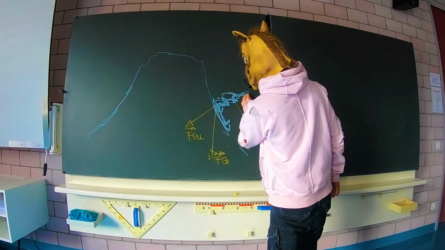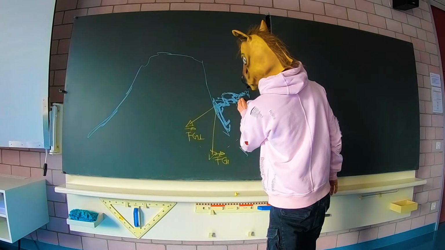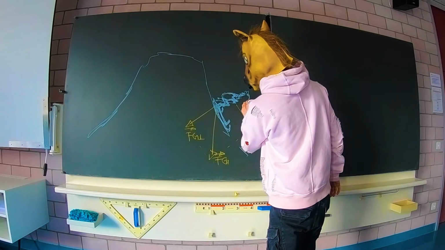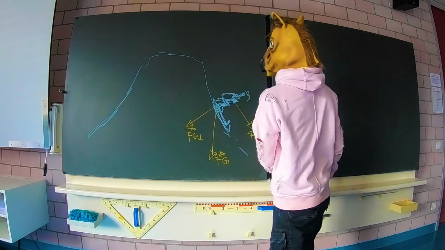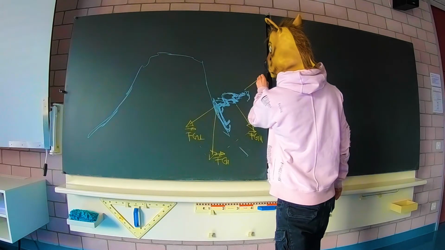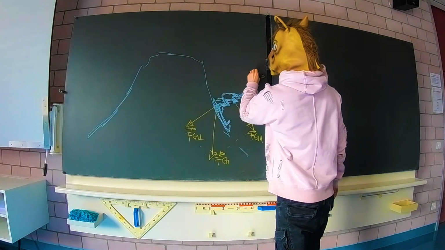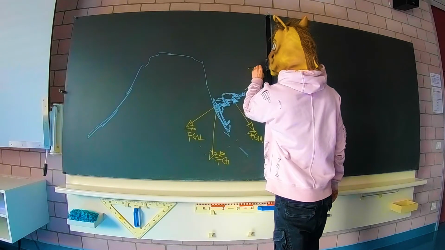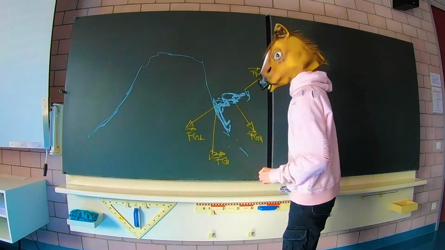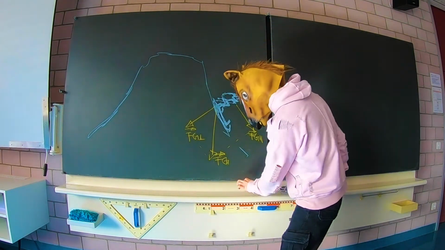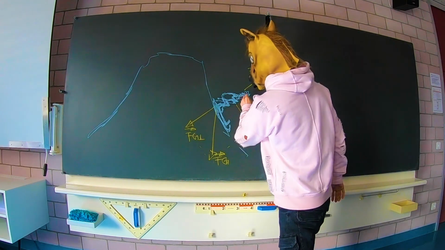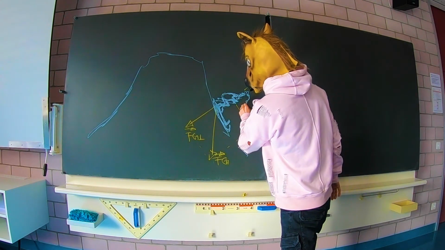And Fg perpendicular is obviously perpendicular to the ground, and is important because it is the opposite of the normal force. And the normal force is the force exerted by the ground. So Fg perpendicular is equal to negative Fn, where Fn is the normal force.